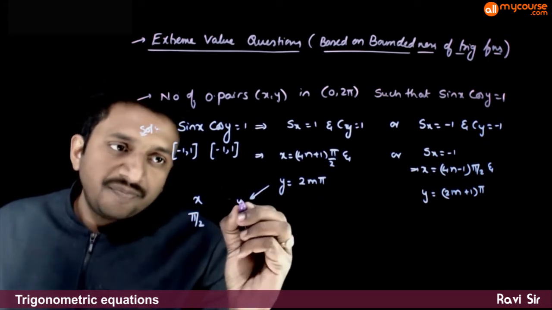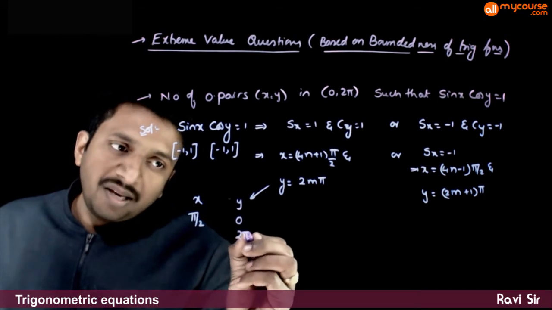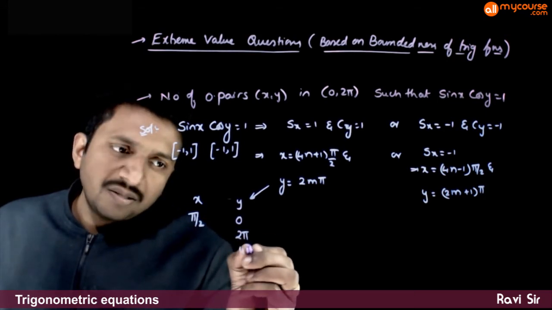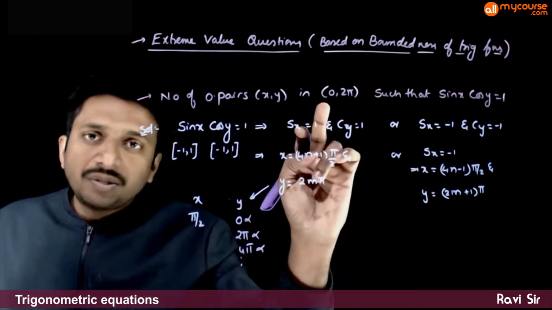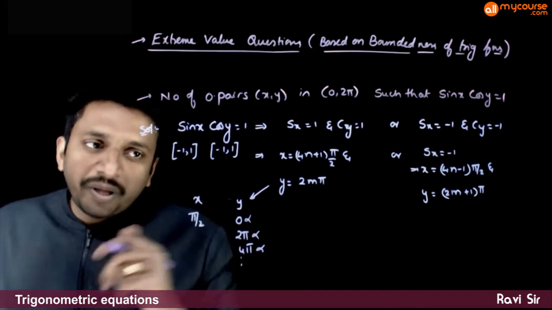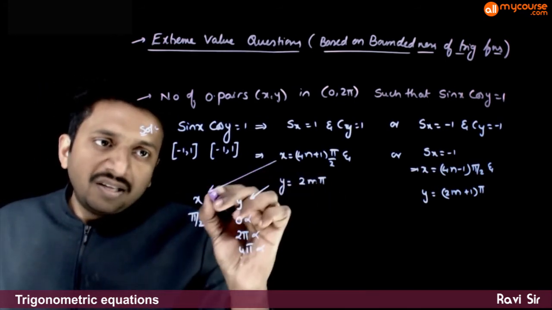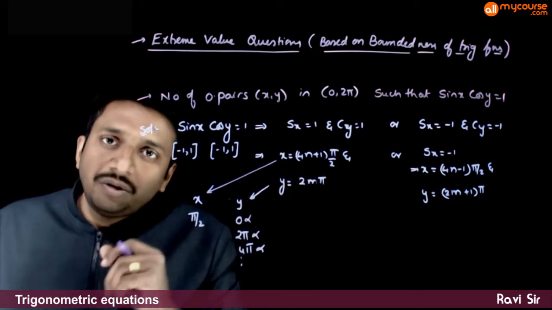So you get the first solution as 0, next solution is 2 pi, next solution is 4 pi, and so on. But none of these are valid because I want solutions only in open 0 to 2 pi. So I don't want 0 or 2 pi. So effectively, this part of the solution does not give you any solution.